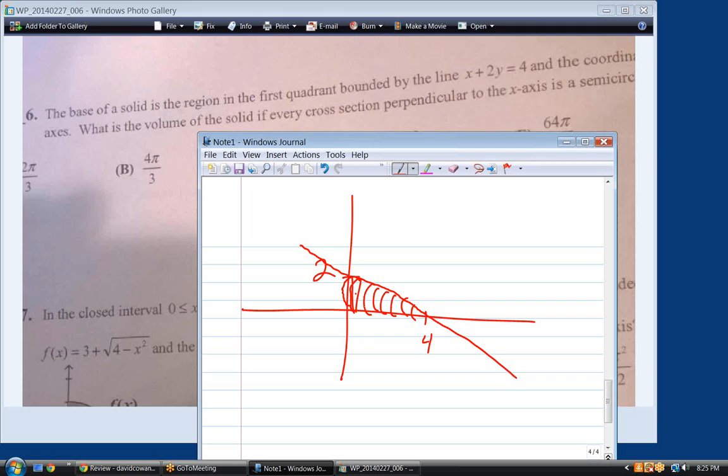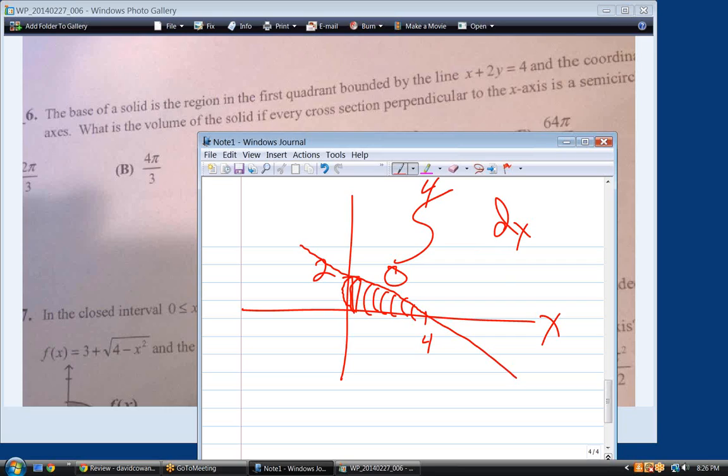Notice that the skinny side of these semicircles is dx. The skinny side is always your differential that you're going to integrate. So I'm going to integrate the area of the semicircle dx from where to where? 0 to 4.